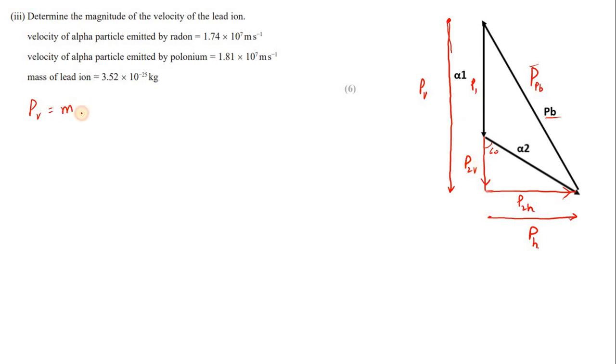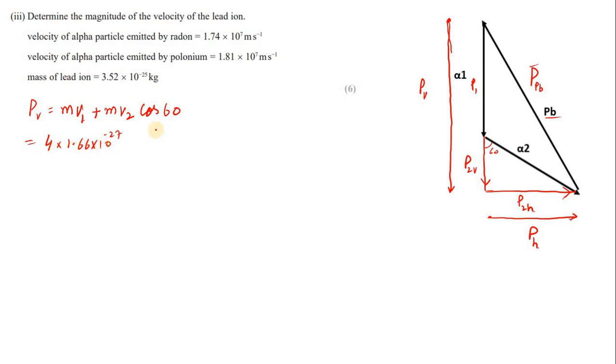So PV is equal to P1 plus P2V, so m V1 plus m V2 cos 60. Let's put in the numbers. m is the mass of an alpha particle, and an alpha particle consists of 4 nucleons, so 4 times 1.66 times 10 to the power minus 27. The mass of the alpha particle is given; if it is not given, you can find it like this.